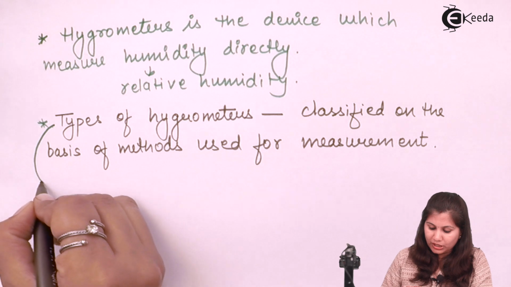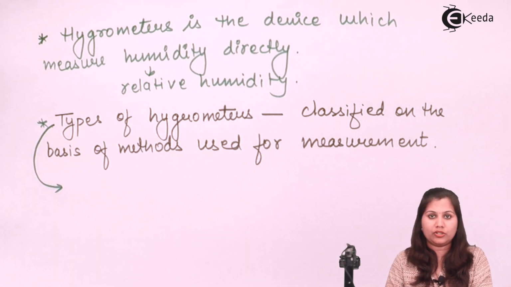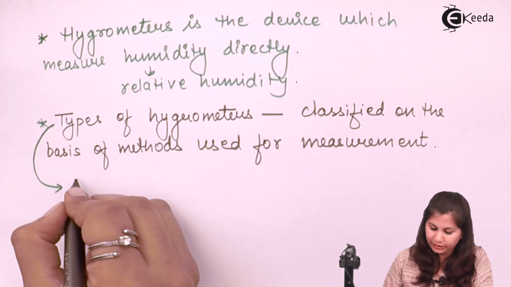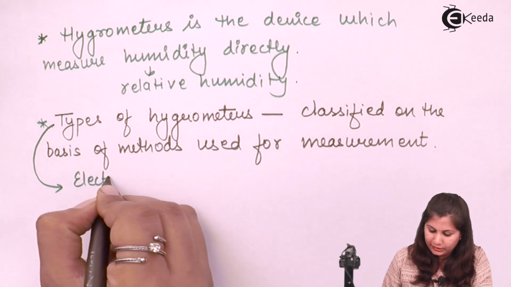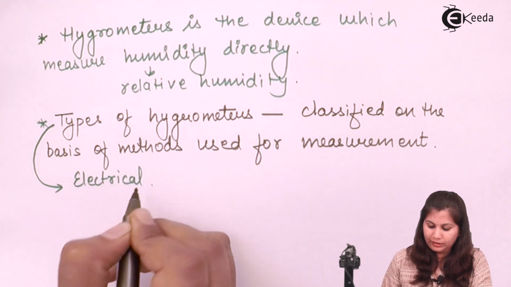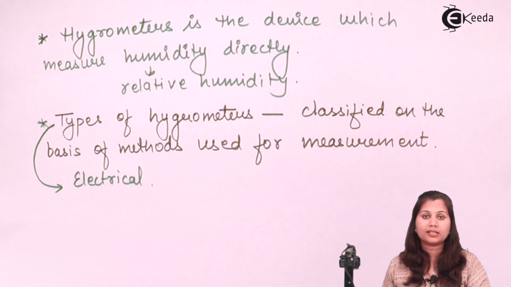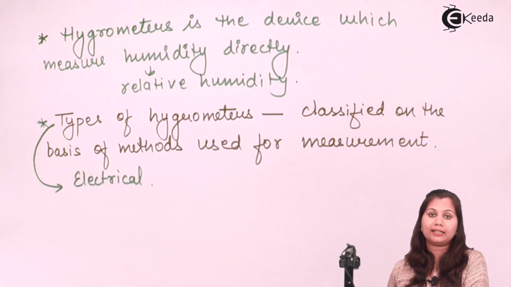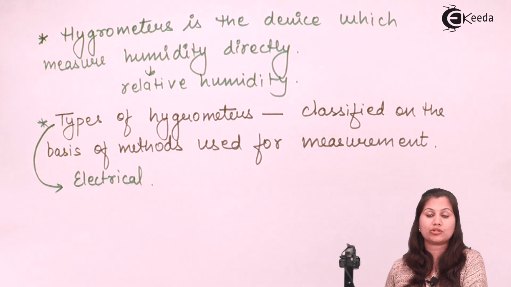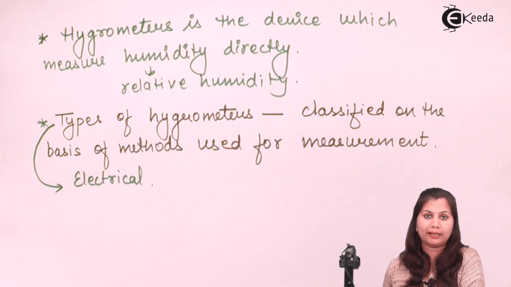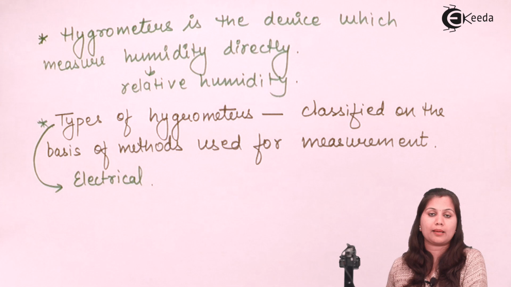If it is using electrical methods to measure the humidity, then it is called an electrical hygrometer. Electrical hygrometers are based on the principle that humidity is measured by measuring the changes in electrical parameters like resistance, capacitance, inductance or impedance. So indirectly the humidity is measured.